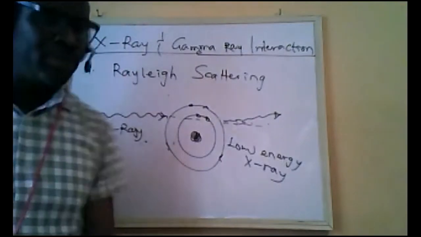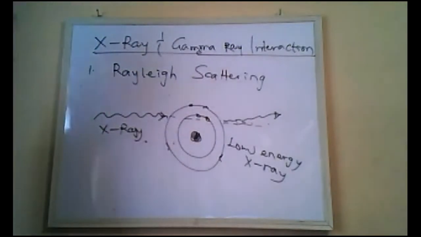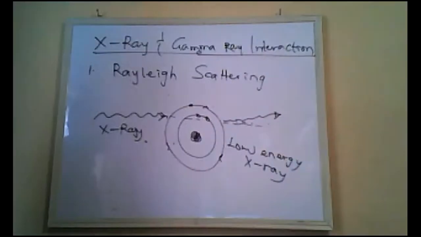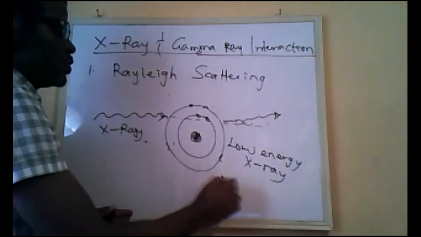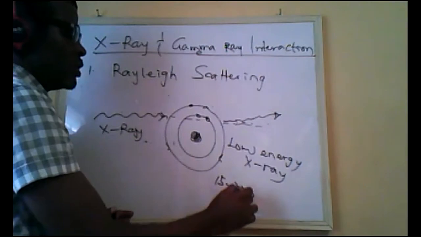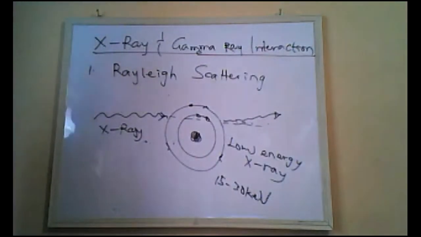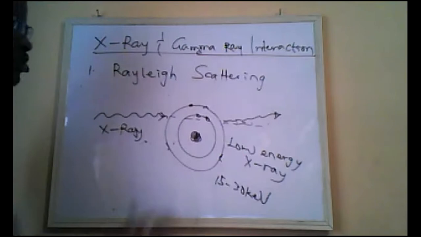This type of scattering happens especially in mammography, because we are looking at around 15 to 30 kilovolts. So Rayleigh scattering is a significant one in mammography because of the low energy.